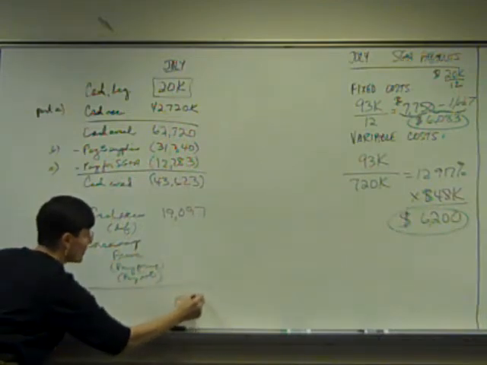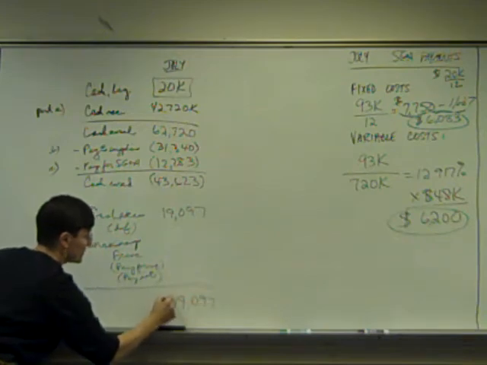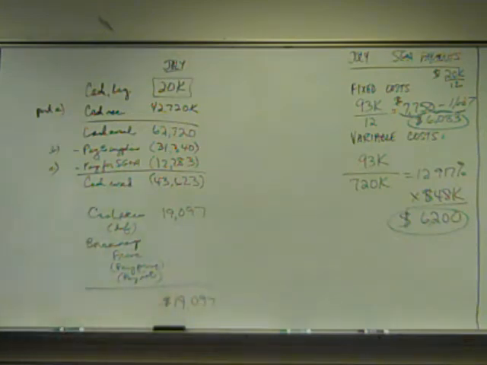But since the problem is silent on that, that would have been it. So again, in any cash budget problem, I wasn't kidding. Every time you use a piece of information, underline it with a pencil or put a line through it so that you know you've taken it into account.